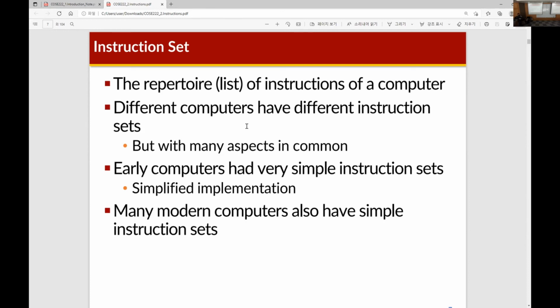There are different instructions that support different operations such as add, sub, multiply, divide. So an instruction set just collects these different instructions. It's just a list, a group of instructions. And as I explained, different computers may have different instruction sets like ARM or x86.